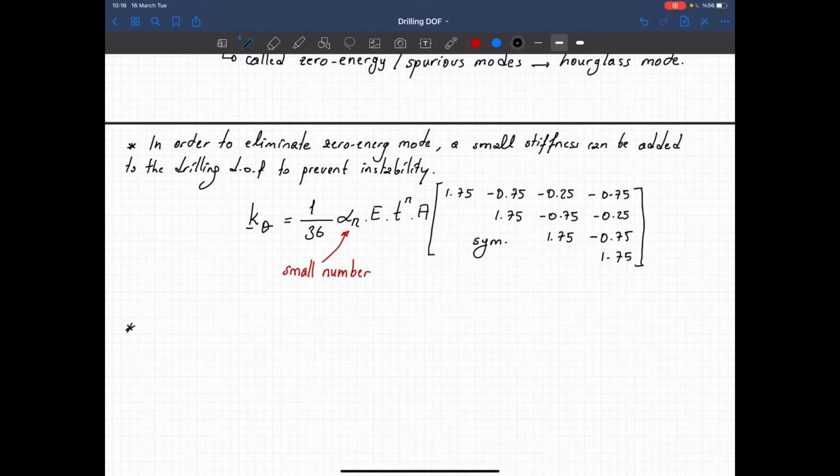Yes, there are. Now, the plane stress problem that includes drilling rotations.